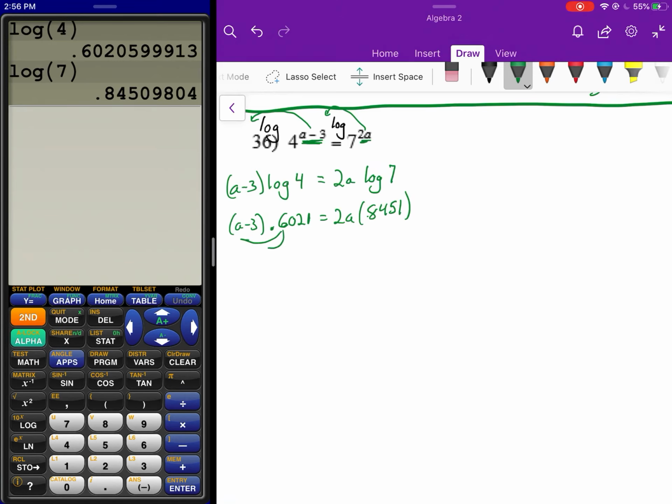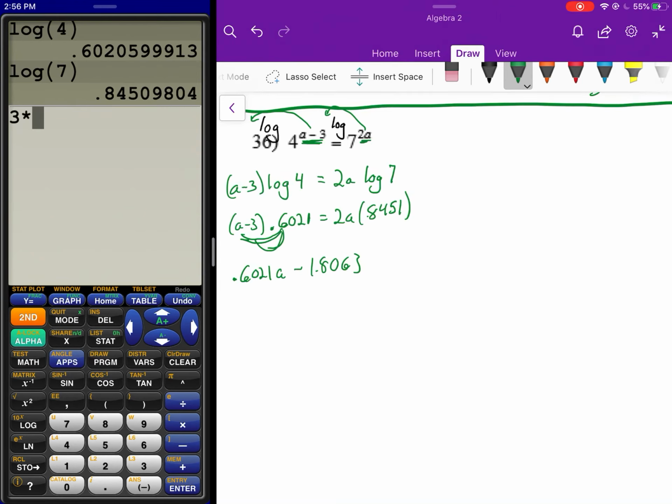So we distribute. So 0.6021. And since we did plug in our logarithms and we rounded, realize that does make our answer more of just an approximation. So we're distributing this into both of these. So this is going to be 1.8063. You can check that if you want.